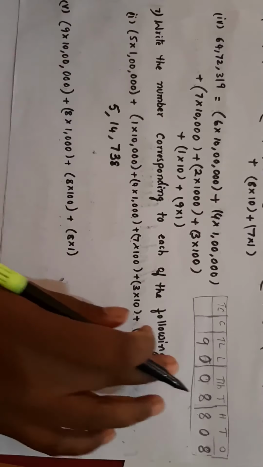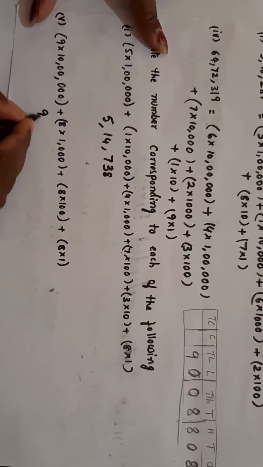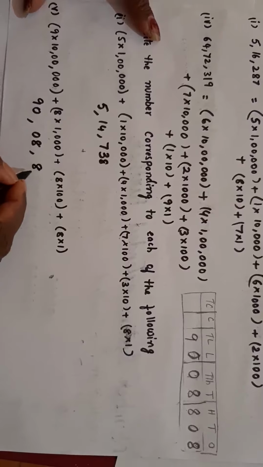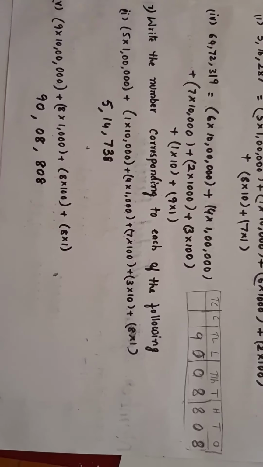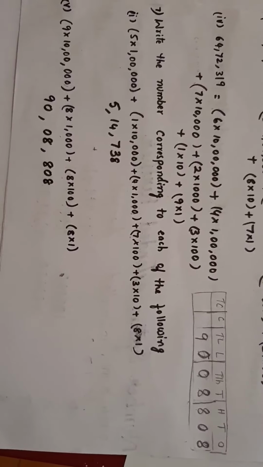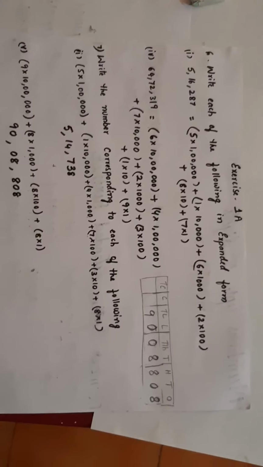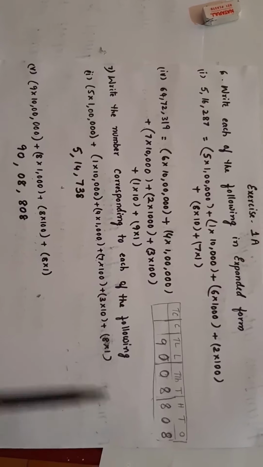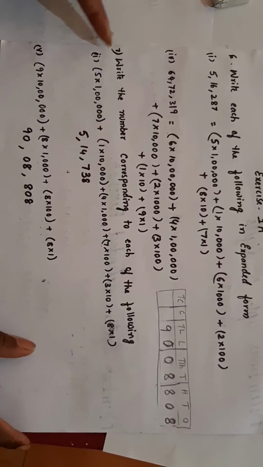So the number is 90,08,808. Like this you have to write, when the expanded form is given, according to the numeral.